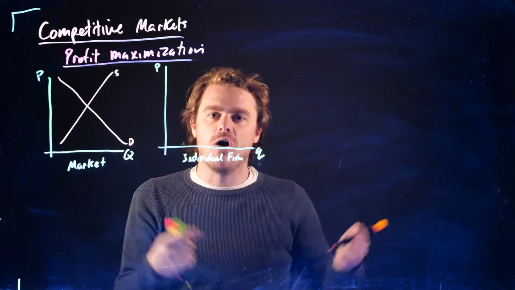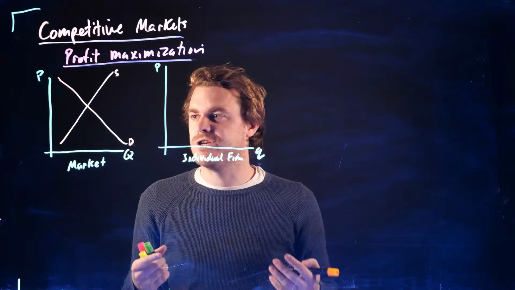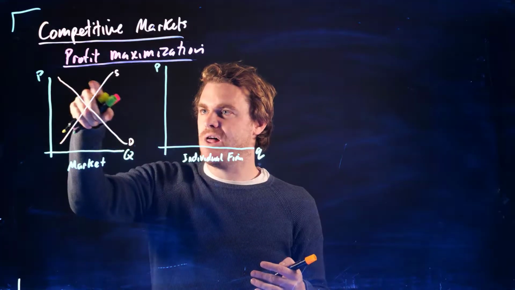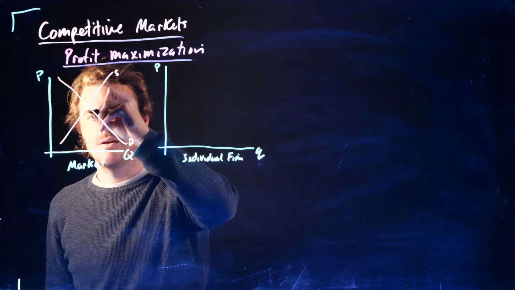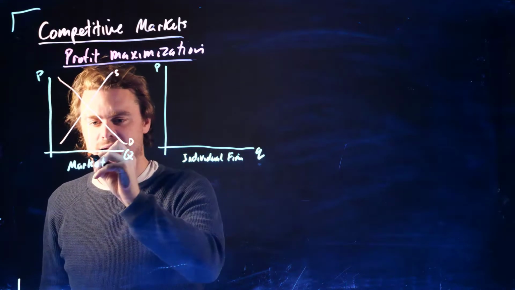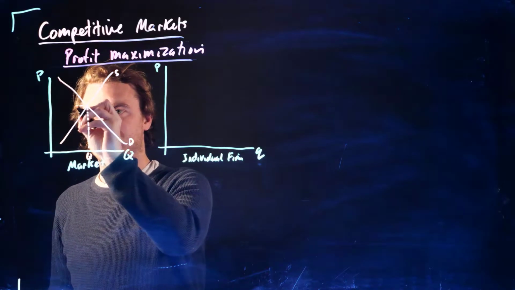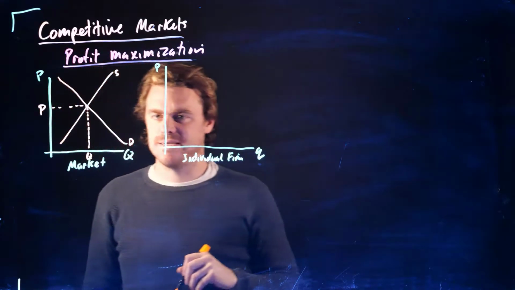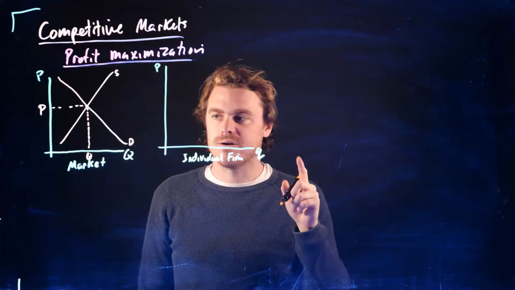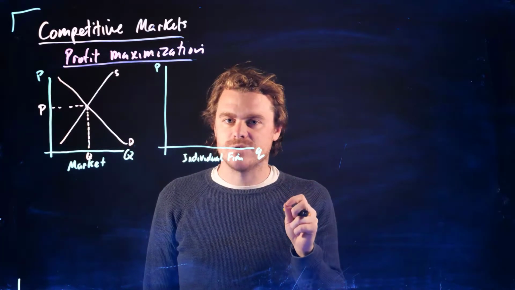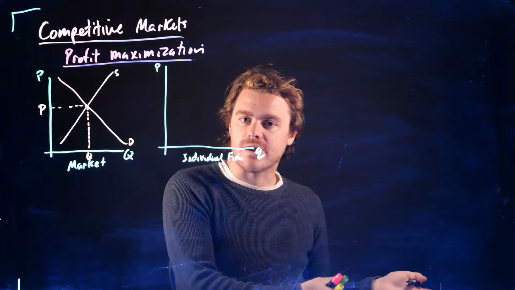The demand curve is all the buyers of this product in general. So the supply and demand curves for the market determine how much is produced in the market and the price in this market. And remember, individual firms are price takers, they're not price makers.